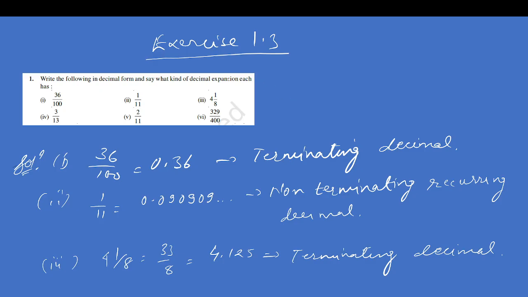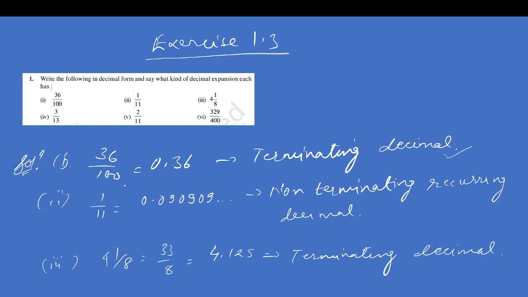This is exercise 1.3. Now what is given in the first question? Write the following in decimal form and say what kind of decimal expansion each has. 36 by 100: you can write 0.36, so this is a terminating decimal. Only write this part. Now 1 by 11.